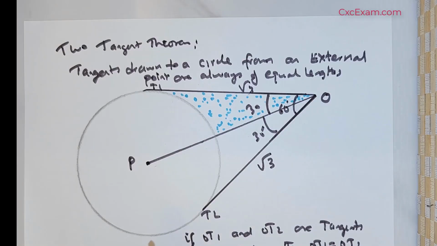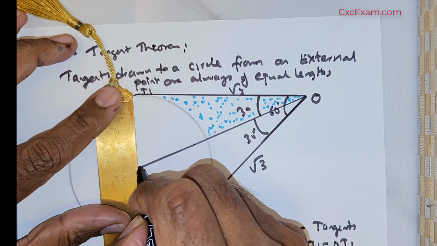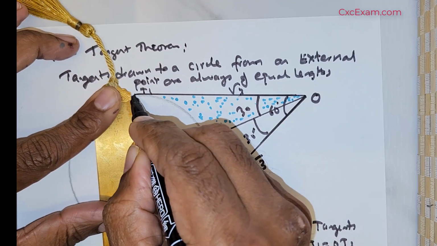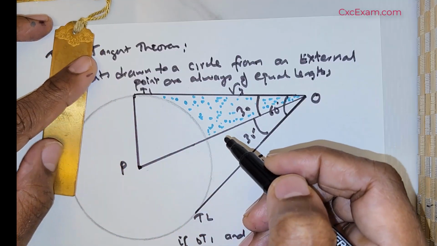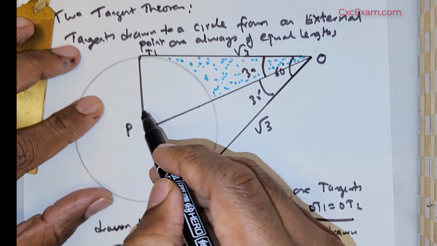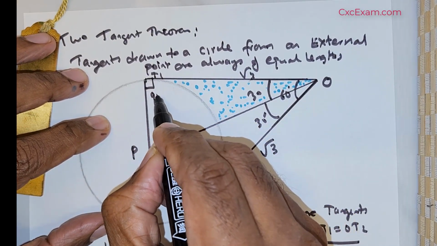Now we will connect the point P with the point of tangency. Now in the earlier theorem, the tangent-radius theorem, the angle made by P with the tangent is going to be 90 degrees.